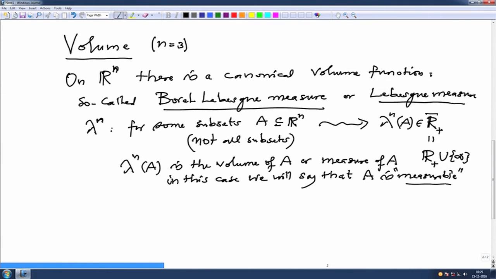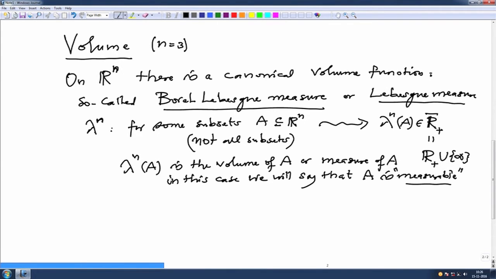I will not go into these definitions formally, but I will collect what the properties of lambda n should be, what happens to operations on sets when they have volume, and the building blocks, some subsets of R^n where the volume will exist, and what that will be.